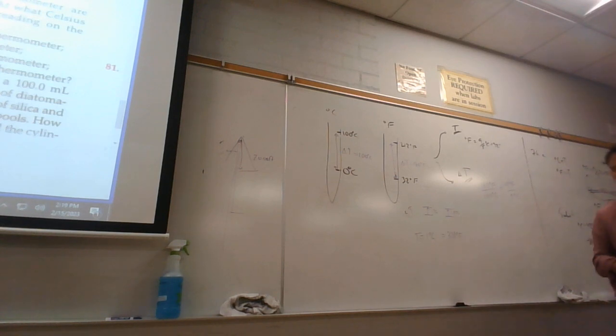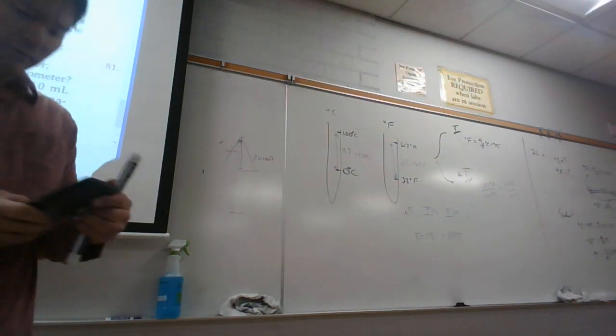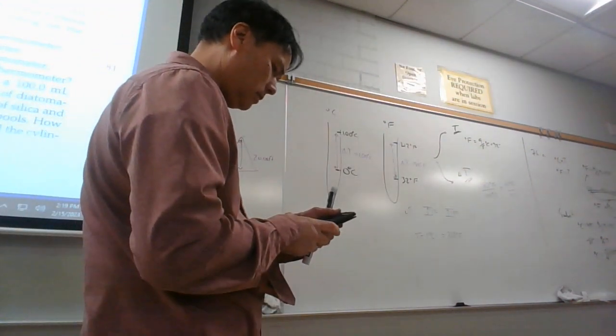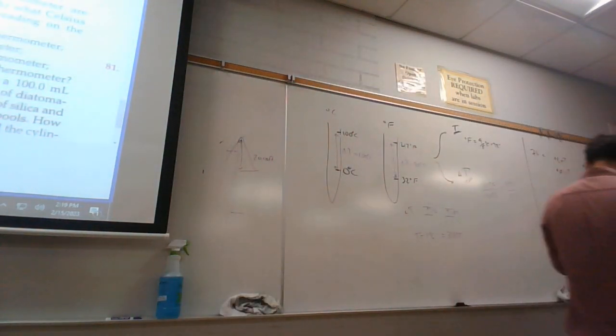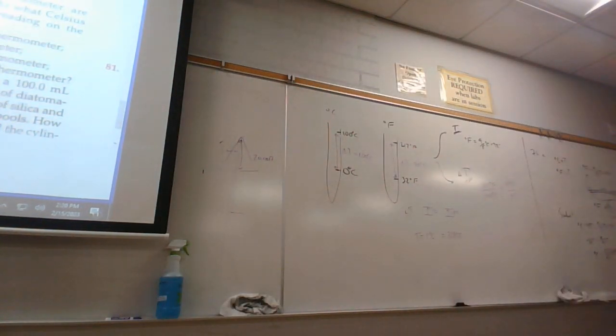And so 5/4 times minus 81. So 5 times 81 divided by 4. 101.25. So my degrees Celsius is minus 101.25 degrees Celsius.